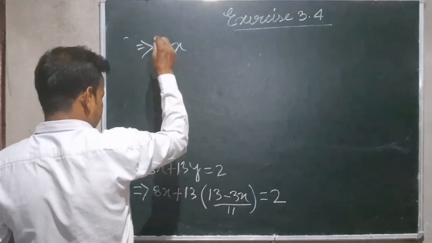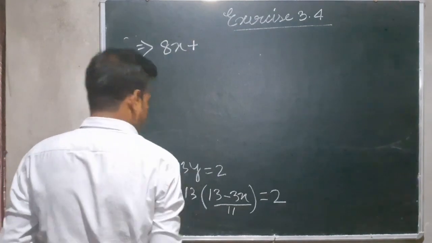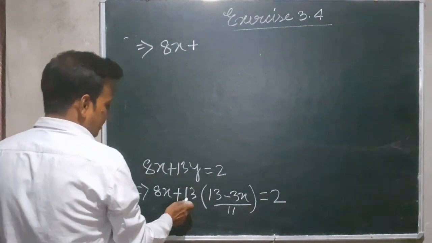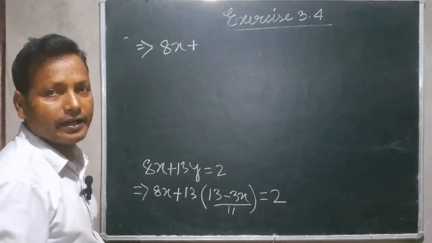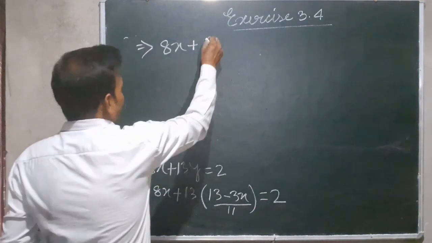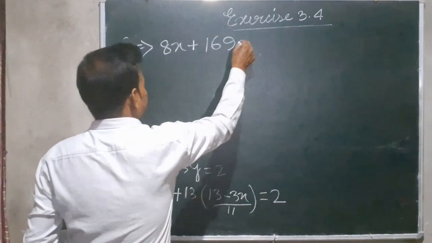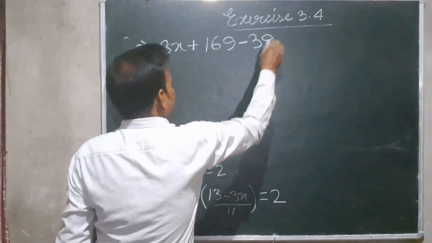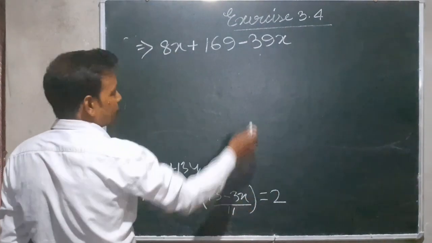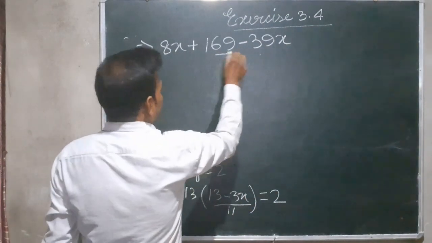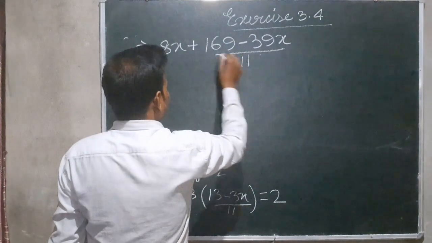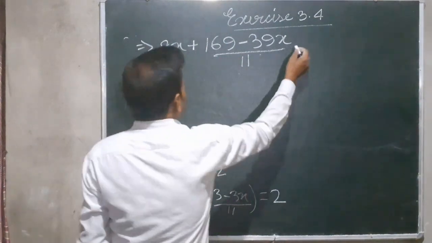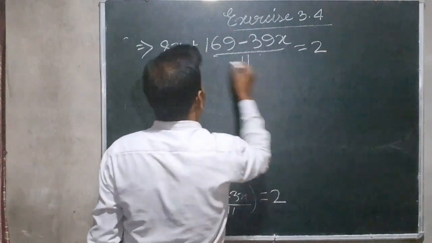8x plus 13 times 13 is 169, minus 13 times 3 is 39x, here is x, that's why we write x by 11. This 11, equals 2.